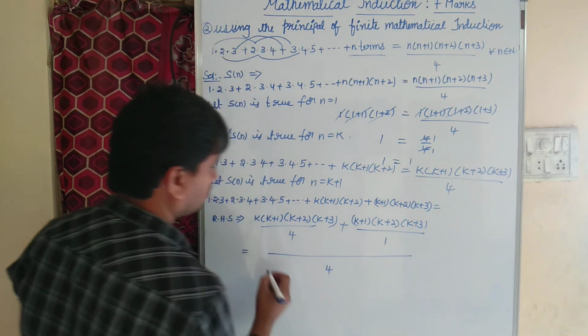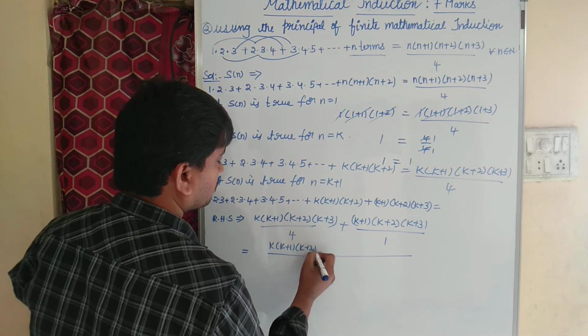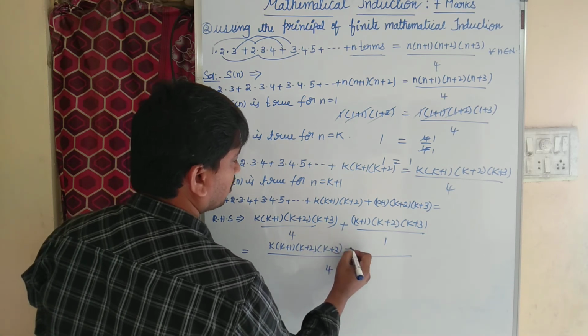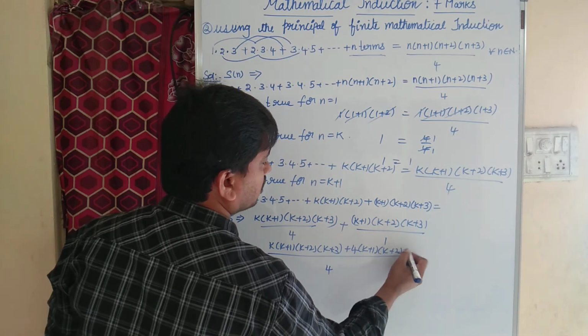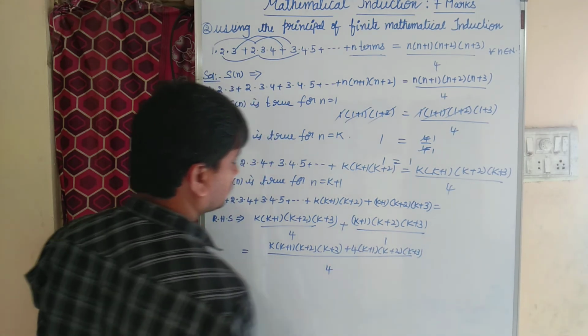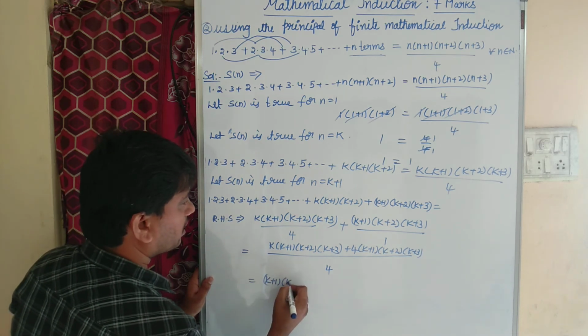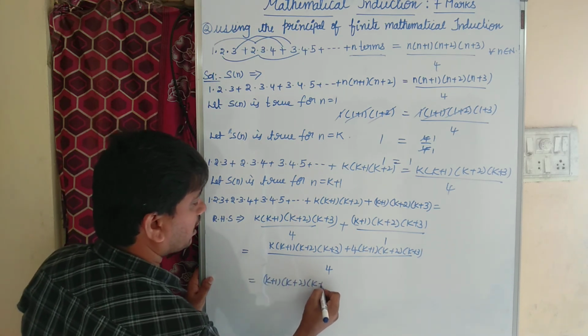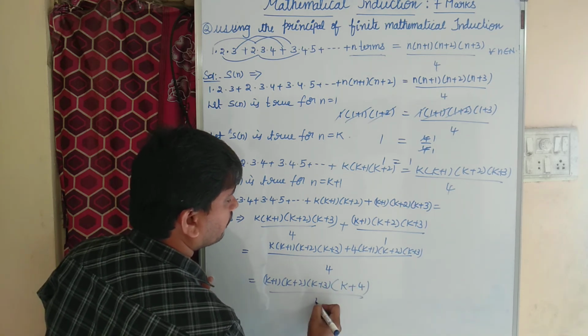The LCM is 4. So k into k plus 1 into k plus 2 into k plus 3 plus 4 into k plus 1 into k plus 2 into k plus 3. We can take k plus 1, k plus 2, k plus 3 as common. We have k here and 4 there, all by 4.